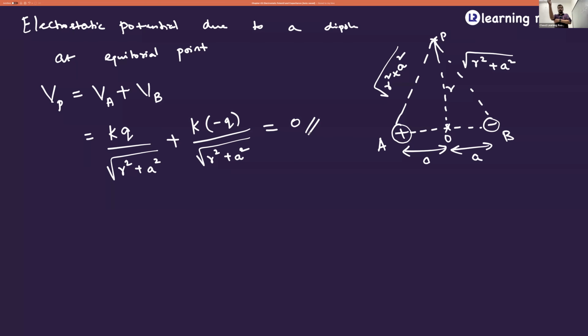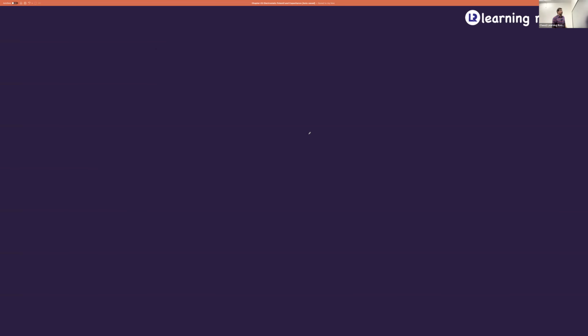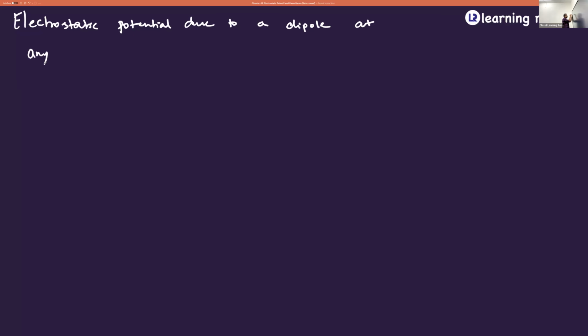So write down the heading as electrostatic potential due to a dipole at any point other than axial or equatorial.